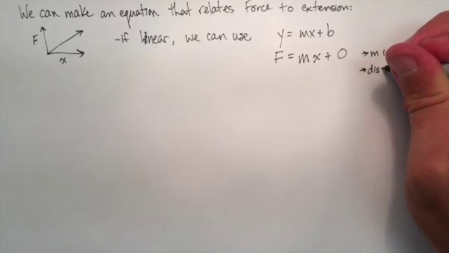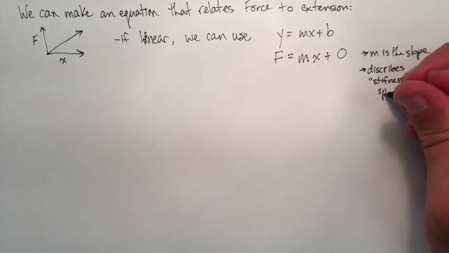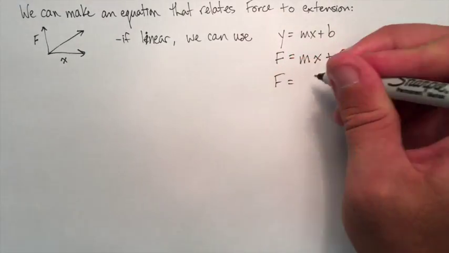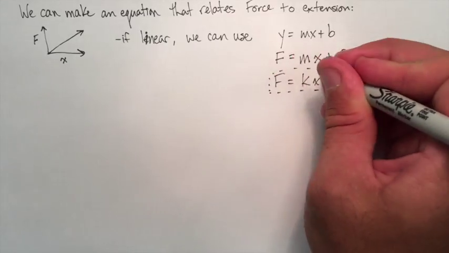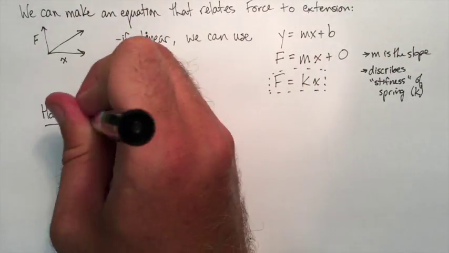Here's the slope of the graph. The slope is basically describing the stiffness of the spring. If the slope is steeper, the stiffness of the spring would be a lot stronger. If it was more shallow, it would be less stiff. And we give that variable k.